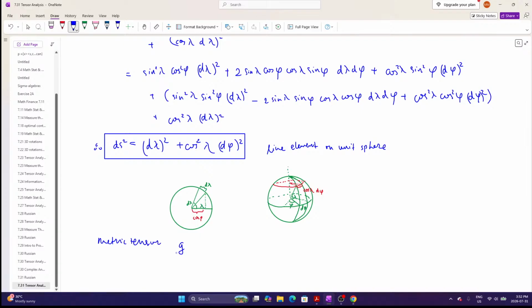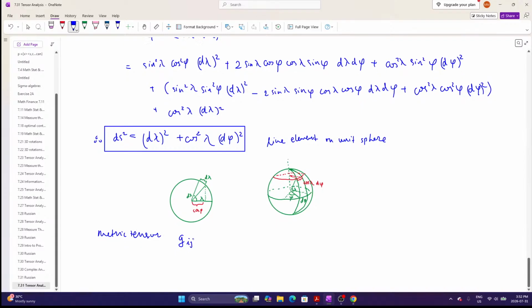So the metric tensor, let's call it Gij, just like earlier, is also a 2 by 2 matrix because you've got 2 coordinates, which will be 1, 0, 0, cosine squared lambda. Now we don't need to worry about the Cartesian coordinate system. You can just treat this as a fundamental object.